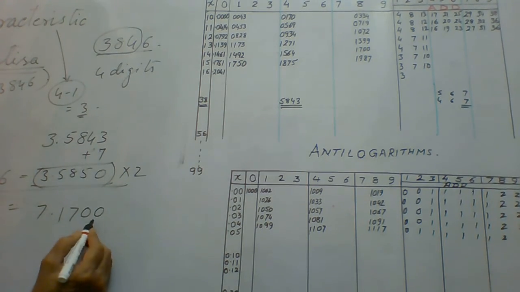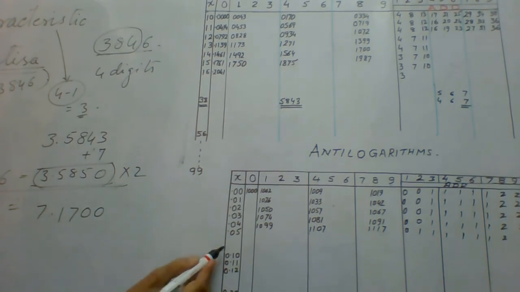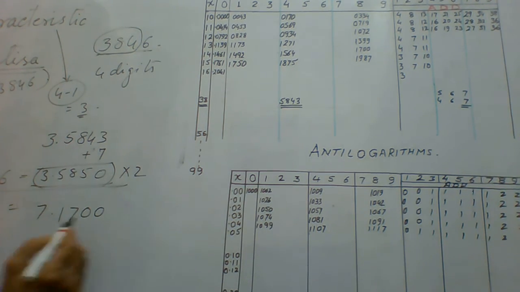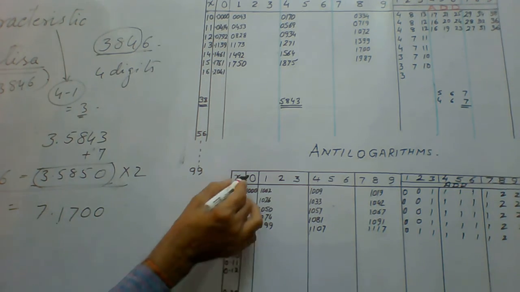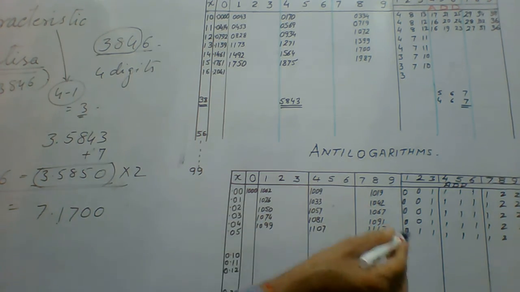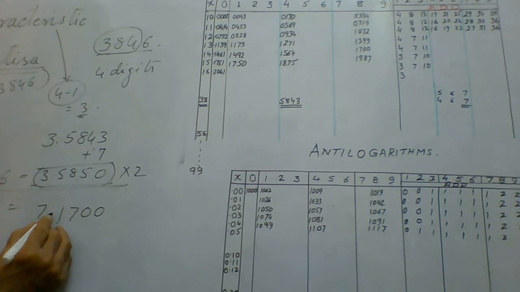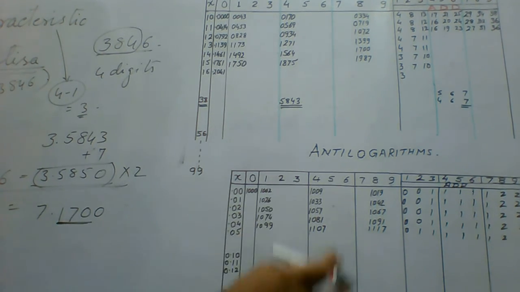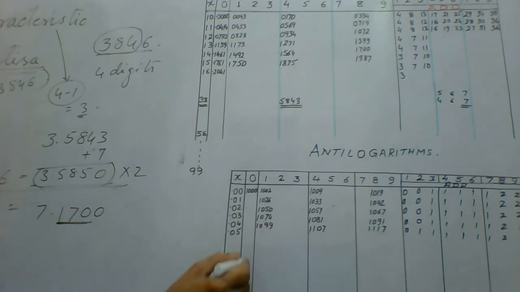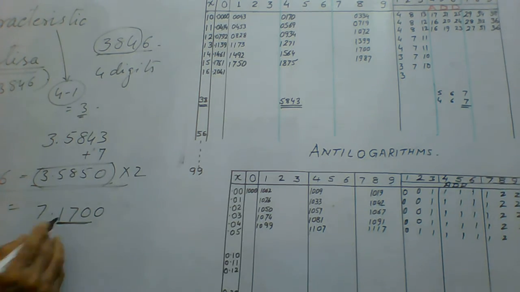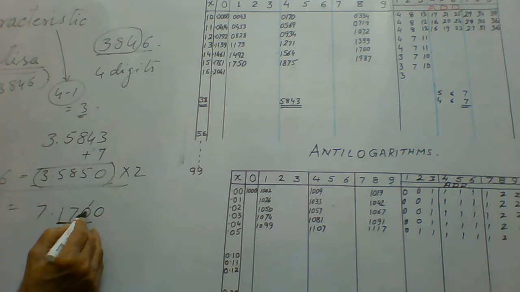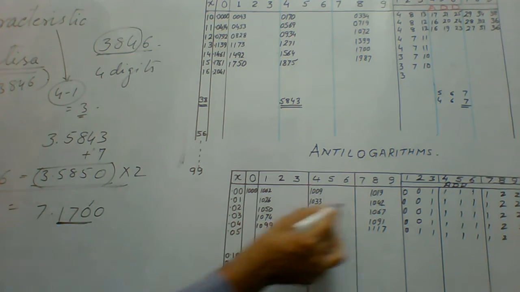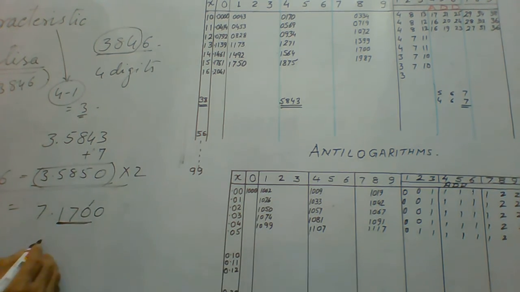Now this 7.1700 means you have to read something here in the anti-logarithm table, 1.012, then 13, 14, 15, 16, 0.17, and then come to the 0 column, and after that there is no addition or subtraction. Whatever value you get for 0.17 in the anti-logarithm column, under the 0 you will not move anywhere other than the 0. If it was 6, 7, 9, you go to the respective column and then write.